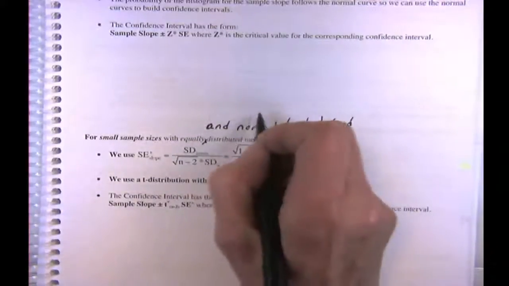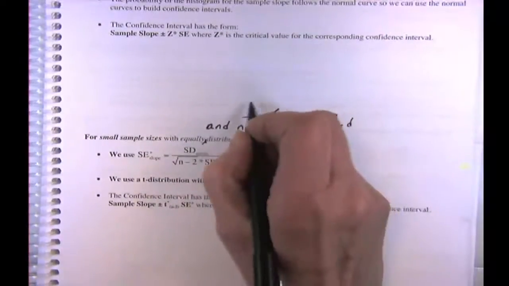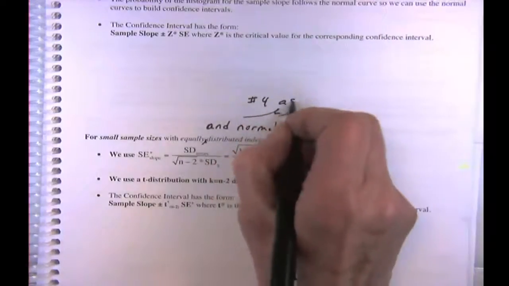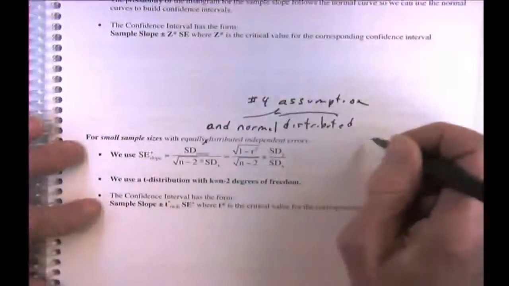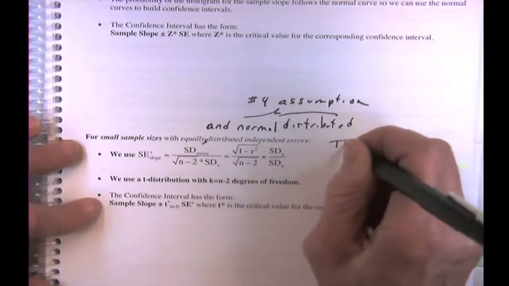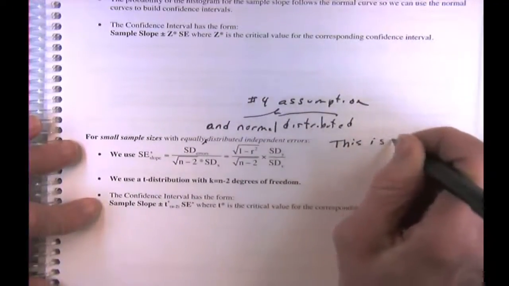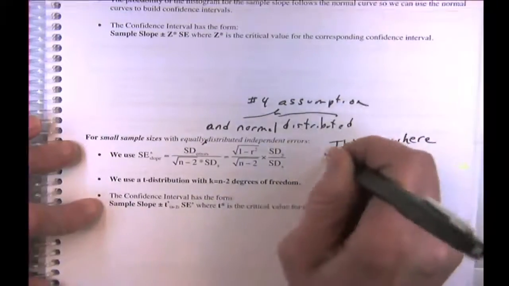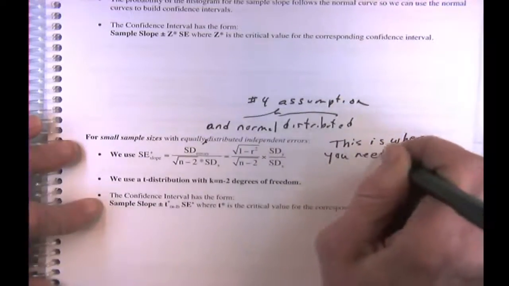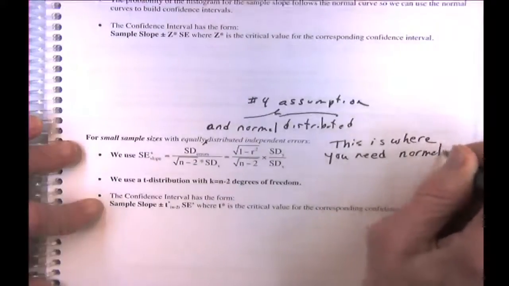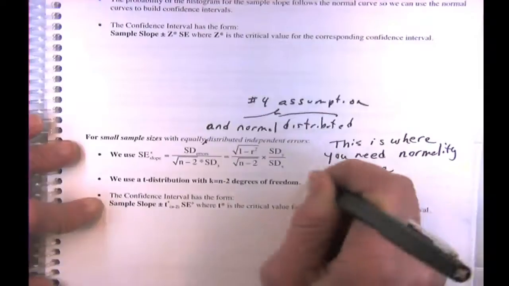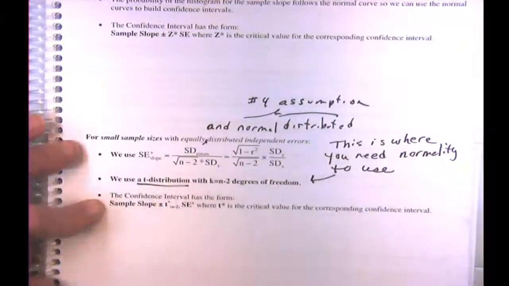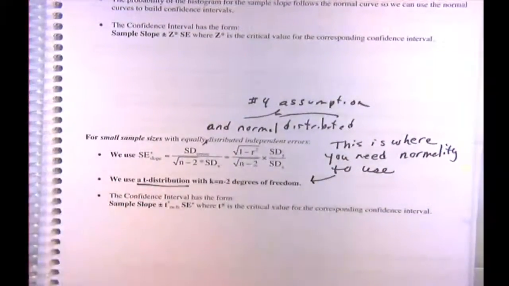This right here is the number 4 assumption. So this is when you use the t distribution, not to do this, to do this. All right, so that's the idea with the assumptions.